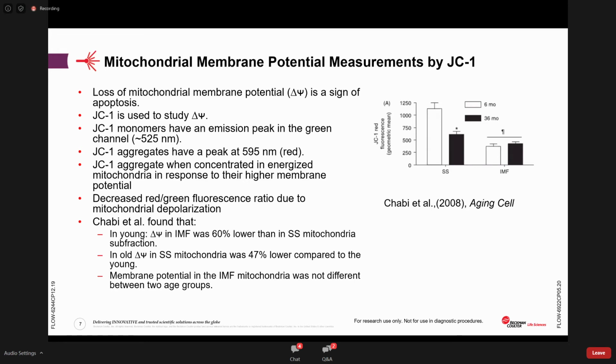JC1 aggregates in polarized energized mitochondria, and it presents itself as a monomer in depolarized, de-energized mitochondria. So this property of JC1 was used to find that in old rats, subsarcolemmal mitochondria have a nearly double reduction of mitochondrial membrane potential.